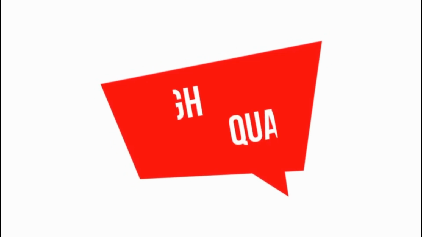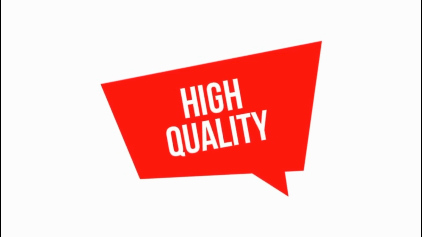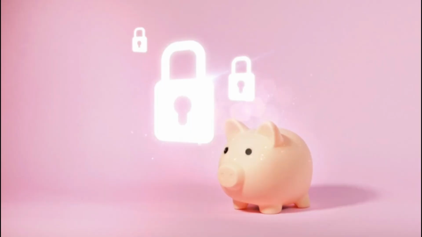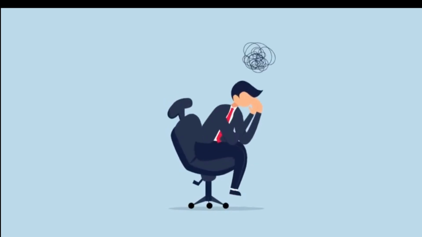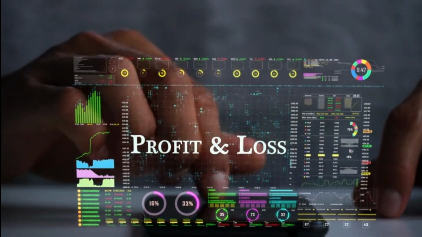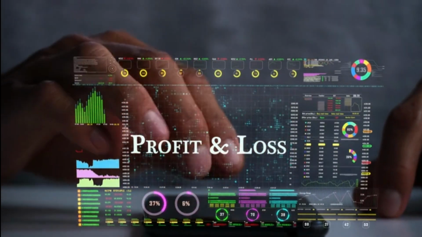Always remember quality over quantity. It's better to take a few high probability setups than to chase every small move. Overtrading can lead to excessive transaction costs and burnout, both of which negatively impact your profitability.